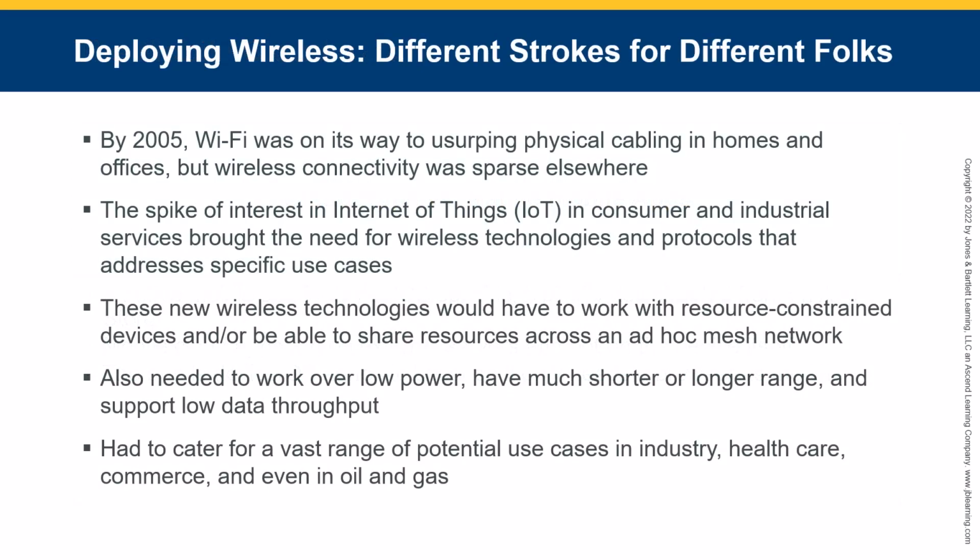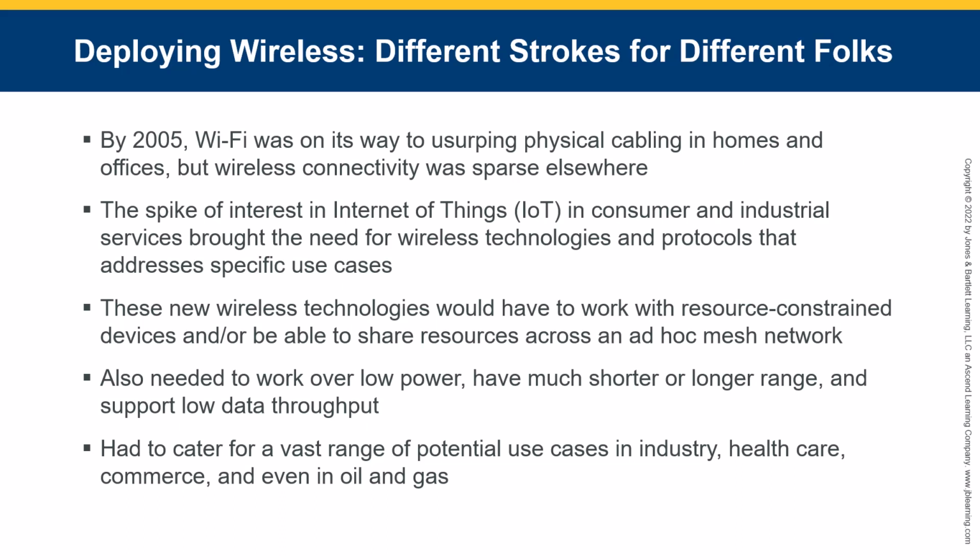Deploying wireless, again, different things, different areas. We've had wireless for 20 plus years. Wi-Fi was on its way to surpass physical cabling in 2005. It's come a long way. The spike of IoT and consumer, industrial, and all the other major areas for IoT has only drastically increased the need for wireless technologies. These new techs basically allow us to work in resource-constrained areas.